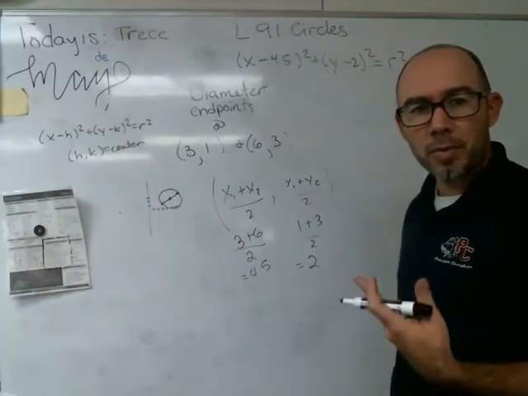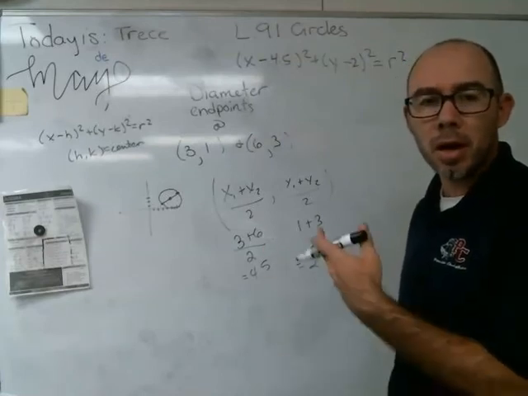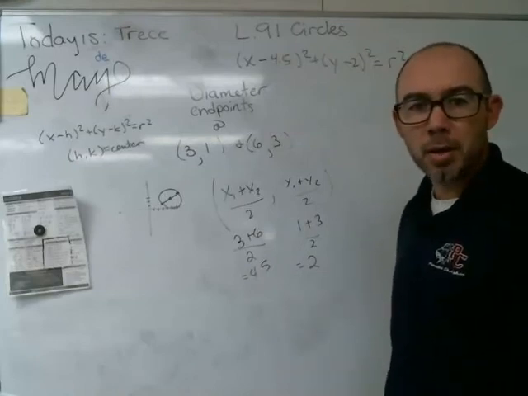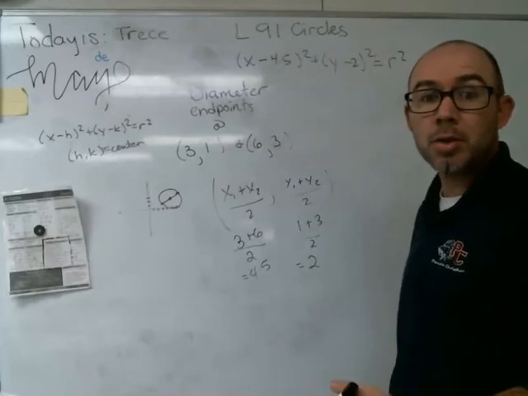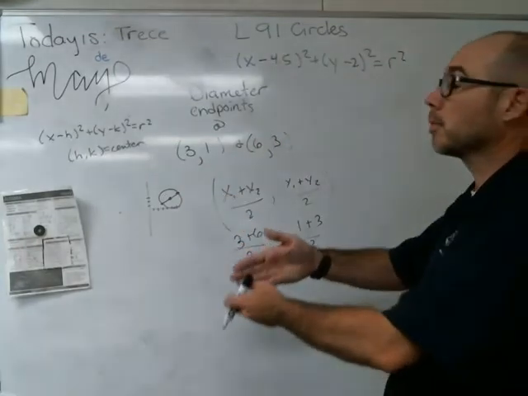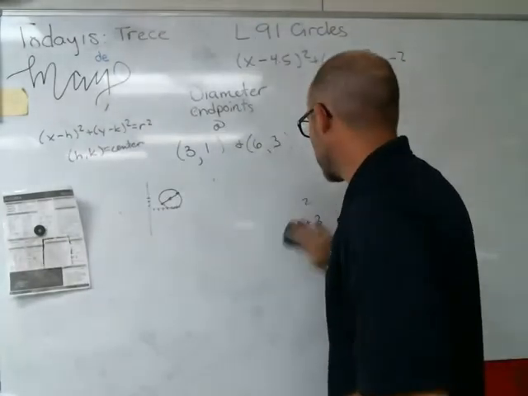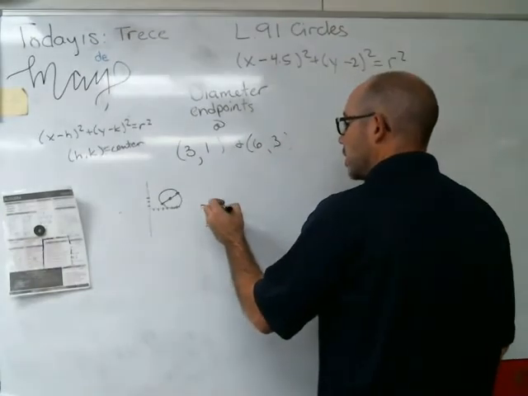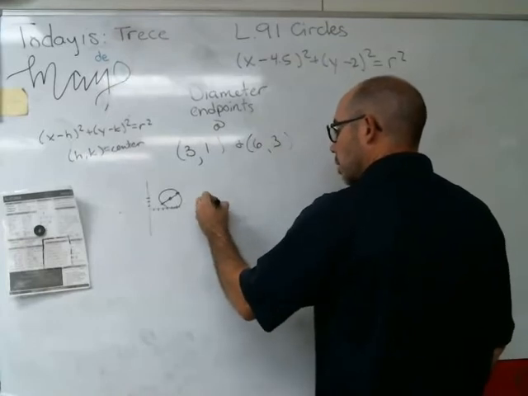Now, how do we find the radius? Well, the radius is the distance from the center to either of those 2 points. So we can use the distance formula now from the center, which we now know, to either (3, 1) or (6, 3). No problemo. What's the distance? This time, let's say, what's the radius?